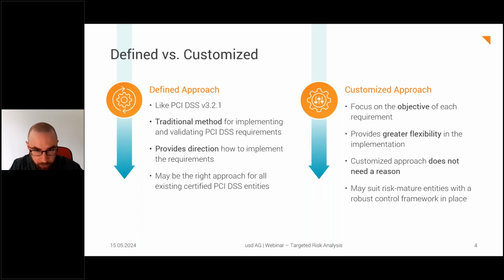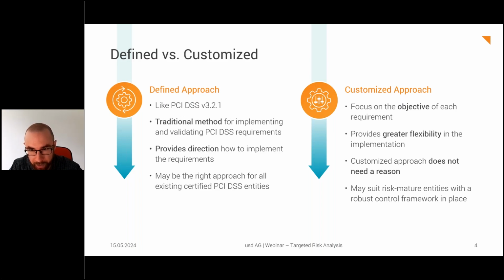With PCI 4.0 though, the PCI Council has offered a variety of methods to get some flexibility, and one of these is the customized approach. The customized approach gives you the possibility to focus only on the objective of each requirement.